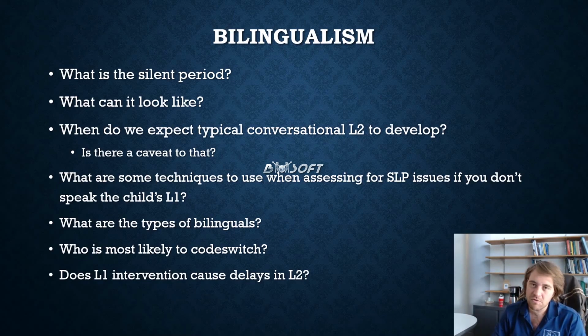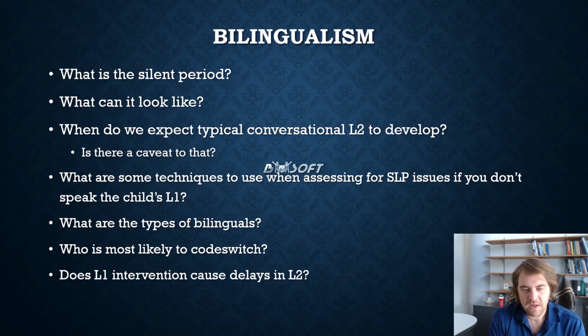You've got early sequential bilinguals, where you start your second language around 3 or 4, and then late sequential bilinguals, and that can even be like as an adult you learn your second language. So simultaneous, early sequential is offset just by a little bit, and then late sequential can be offset by a lot.